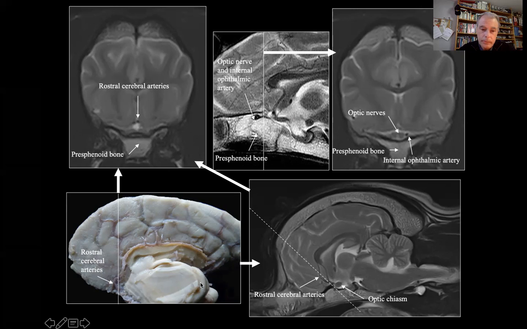Okay, and then this image is from a dissection. As you see, the rostral cerebral artery goes up, rostral to the telencephalic septum, goes around the corpus callosum, branching off arteries, and anastomoses with the caudal cerebral artery. And again, as you see, this rostral cerebral artery forms a couple of, sometimes even more, branches that communicate the left ones with the right ones.